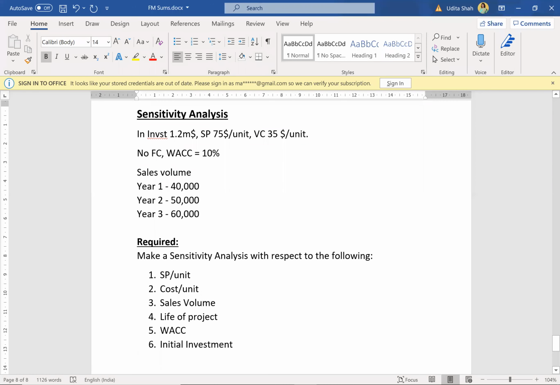So we have to suggest to the management which out of all these 6 factors is the most sensitive one, and which is the factor where management needs to give its utmost focus. Okay, let us start then. Should we take tax in the first problem itself, or should I give the taxation problem for homework? Let me know.